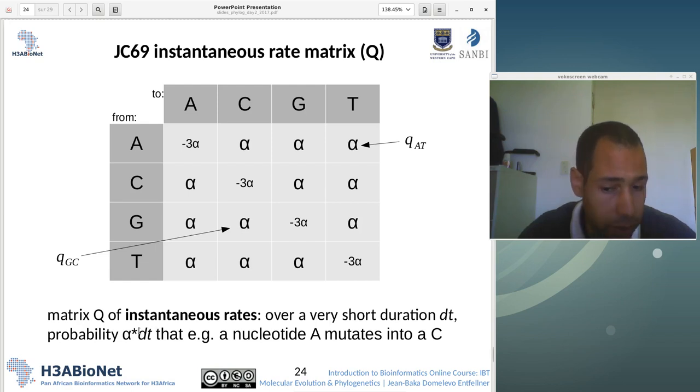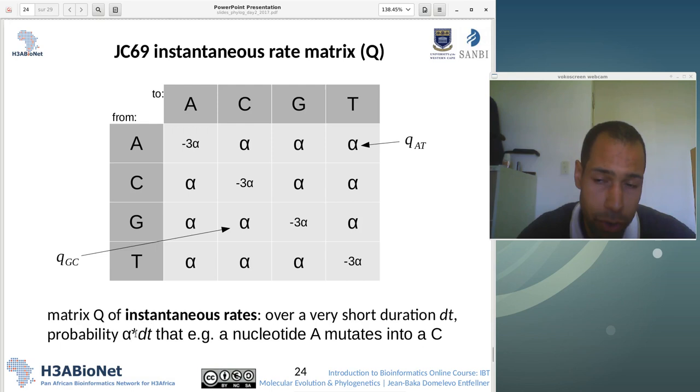It doesn't work to say the probability of a mutation from A into C over a long time t is alpha times t. That's wrong, okay? And what is supposed when we talk about instantaneous rates is that we cannot have two mutations during one single atomic duration dt. We cannot have two mutations taking place.